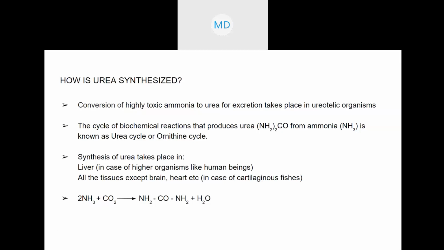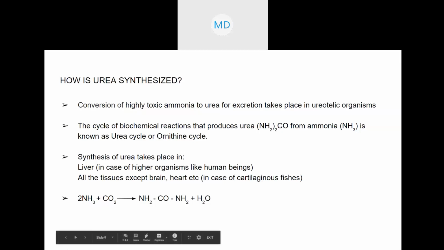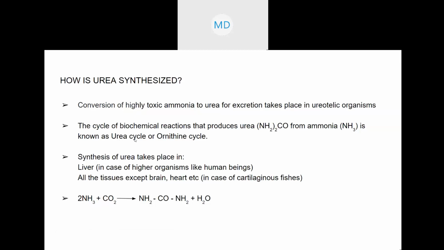The process of conversion of ammonia into urea, the process in which urea is produced from ammonia, is known as the urea cycle, or it is also known as the ornithine cycle.